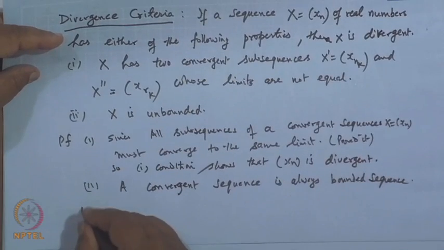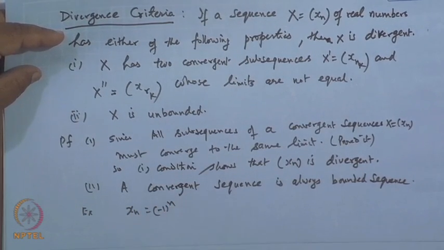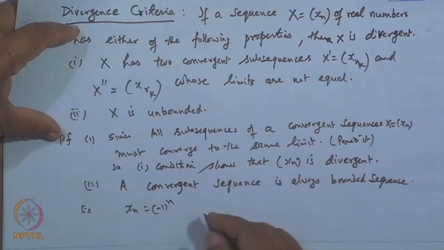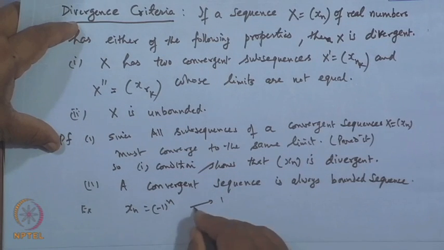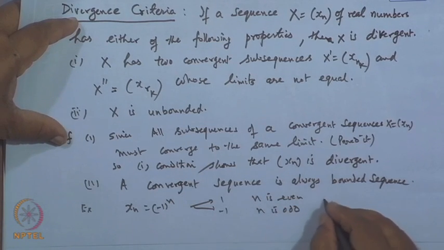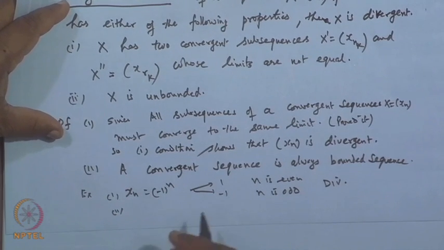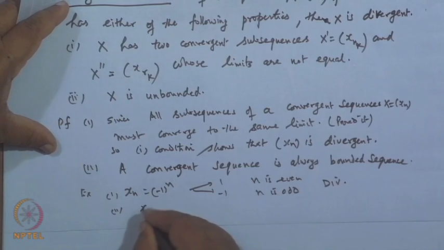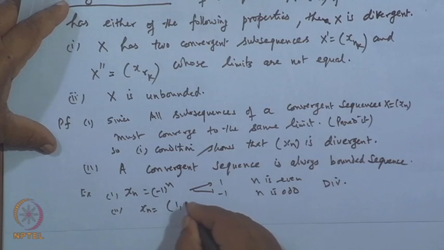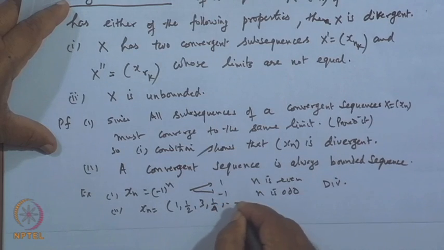For example, if we take a sequence x n which is minus 1 to the power n, then this has two limits, 1 and minus 1, when n is even and when n is odd. So, it is a diverging sequence. And second, if I take the sequence x n to be like this: 1 half, 3, 1 by 4 and so on.